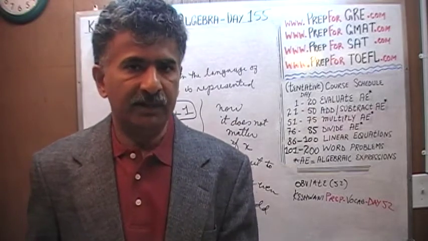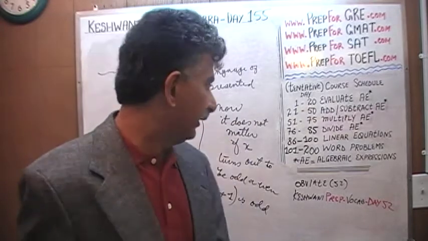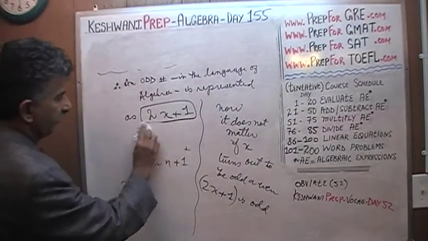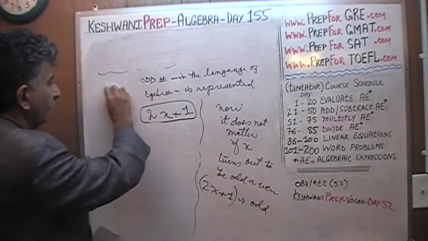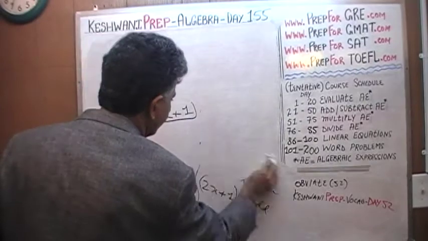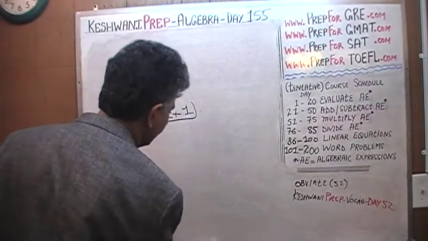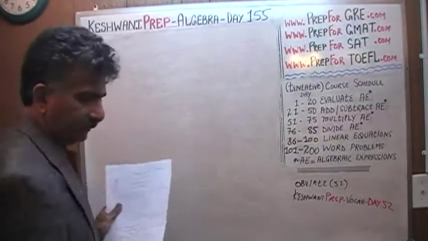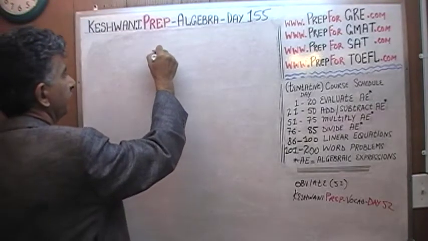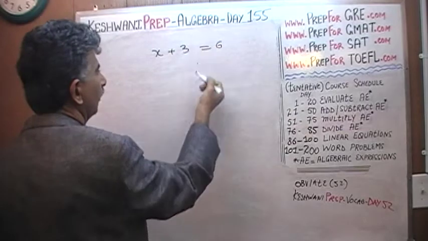Well, if I have some odd number and you use x to represent it, let's erase all of this. Actually, I need the room. You already got it. An odd number is to be represented like this. For example, if I tell you that I have some odd number and when I add 3 to it, I get 6, what is that odd number?